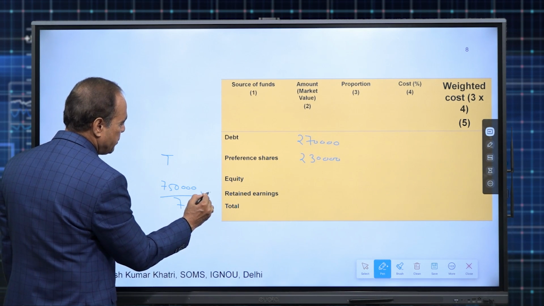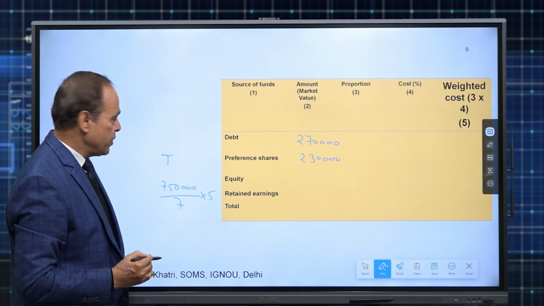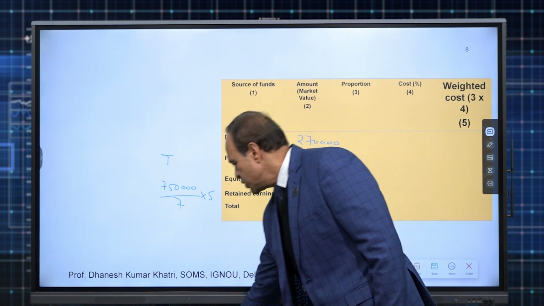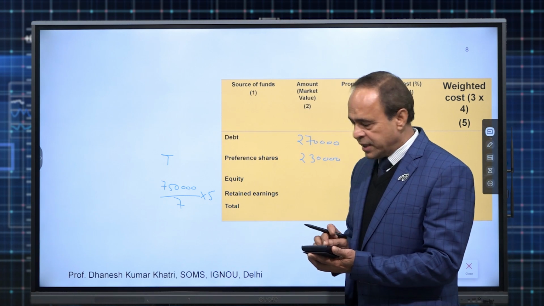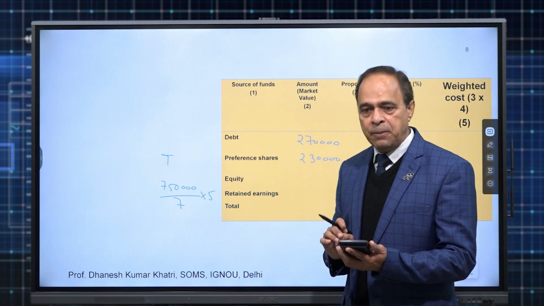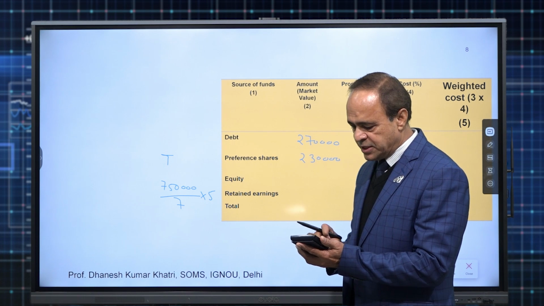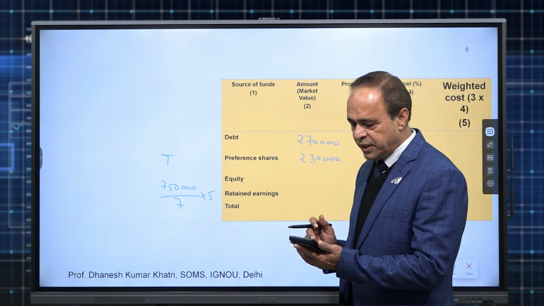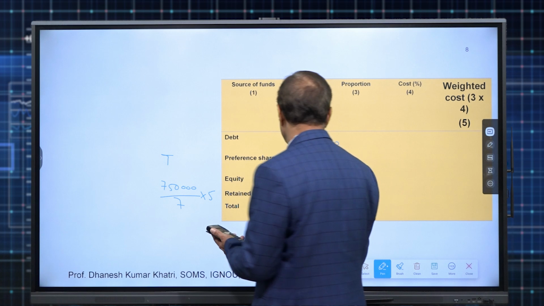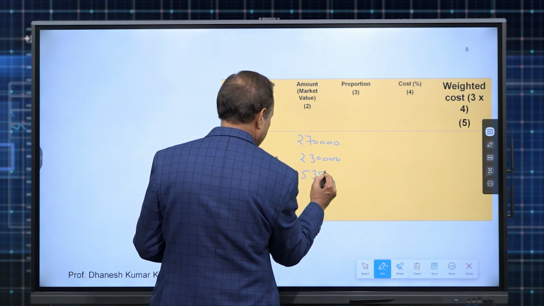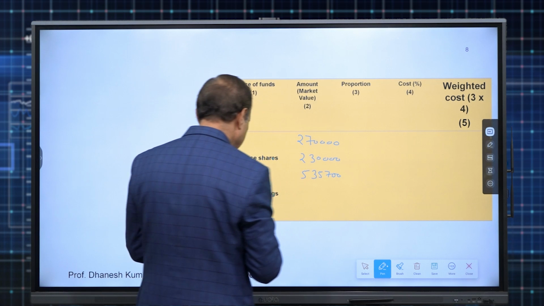Out of that, 5 proportions go to equity and 2 proportions go to retained earning. So the market value specifically for the paid up capital, that is equity, is 7,50,000 divided by 7 multiplied by 5, we get 5,35,700.